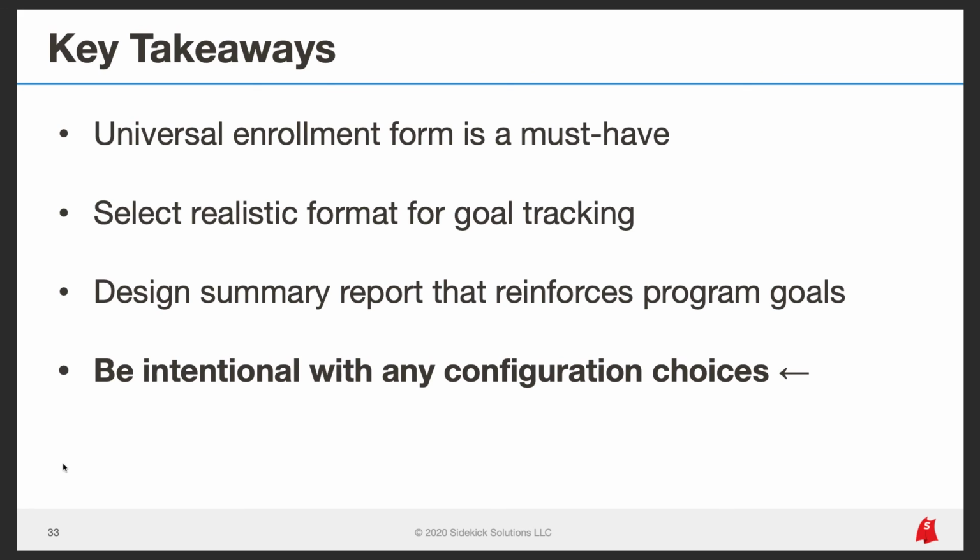A client summary report can help expose and surface information in your Apricot to help those workers make smarter decisions on the front lines. And number four, always be intentional with any configuration choices. We talked at the beginning of this video about blueprinting, and we strongly advocate for thinking through solutions before you build them to keep the impact on your overall Apricot system low.